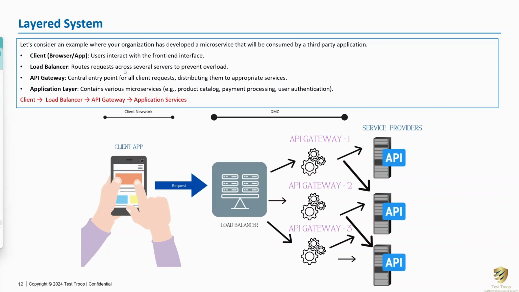So in between the client and your web service there are multiple layers. Here we have the load balancer and API gateway. Each one is responsible for performing its own operation, which takes the burden off the server in performing complex operations. So this helps the entire service to scale. That is why we use a layered system.